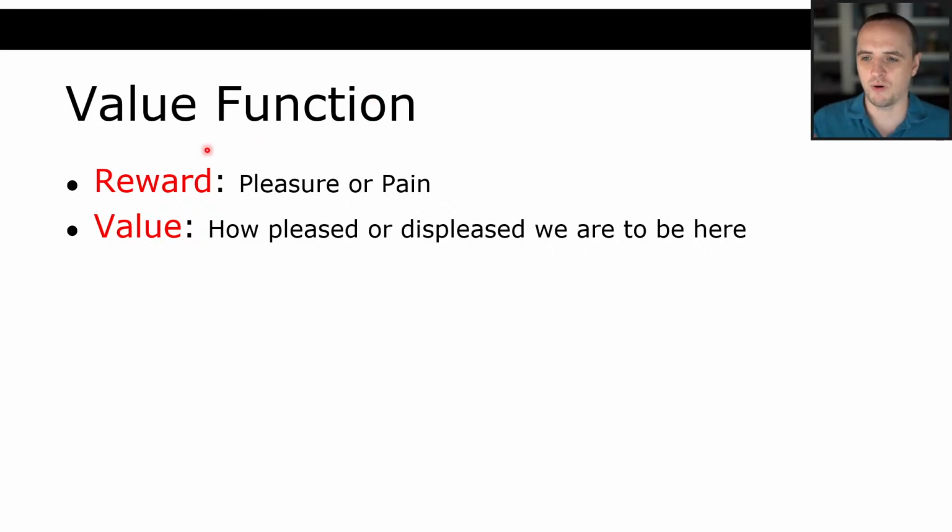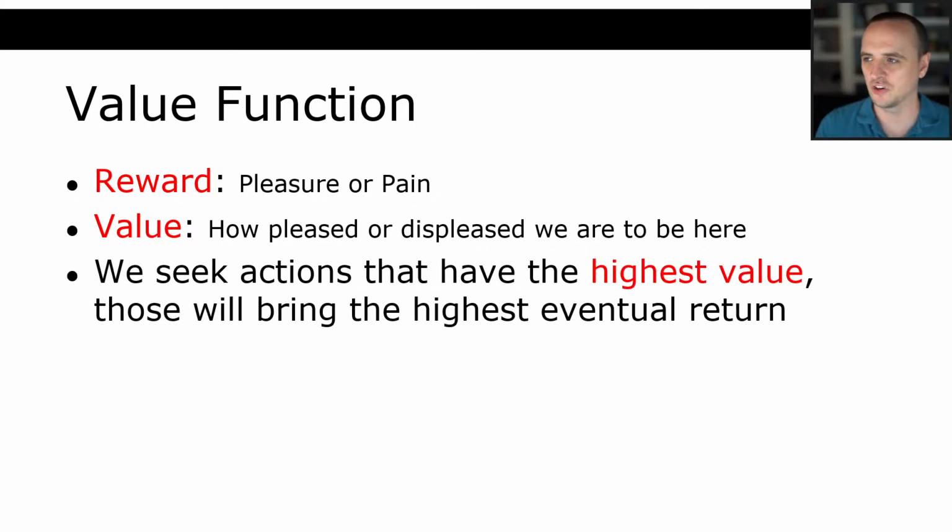So if your brain is like, oh, falling is great, I love the reward that I get from being in the state of falling, value is going to recognize this fall is going to end eventually, and it's not going to be good for me. So the value of being in the state of falling is going to be very low because eventually you're going to hit the ground. But the reward of any particular state of falling may not be that bad. But we're eventually going to get that really negative reward. So that's a good example.